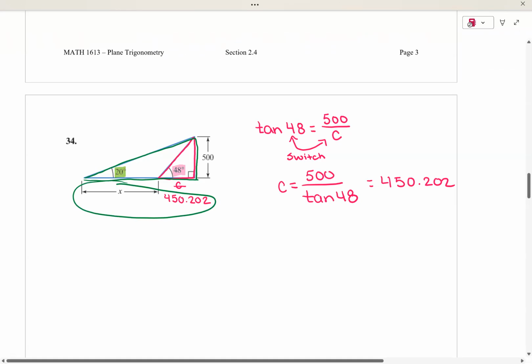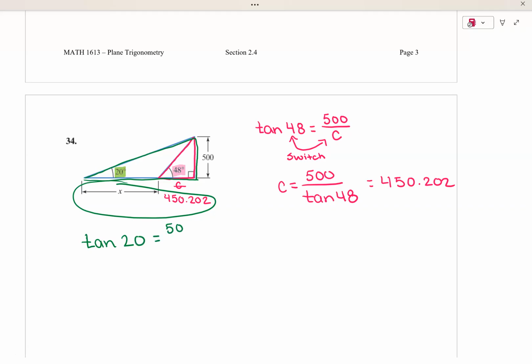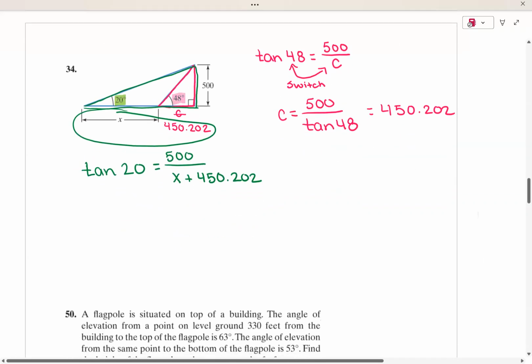So we're going to be combining them. So again, we're going to have tangent of 20 equals 500 over x plus 450.202. So if you want, you can still do that same thing.